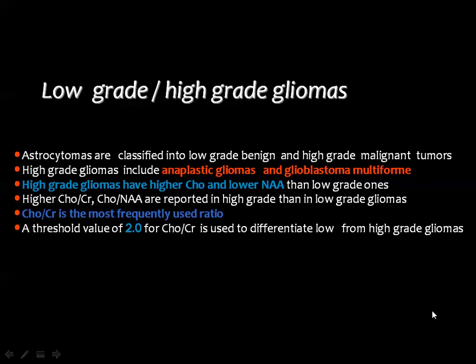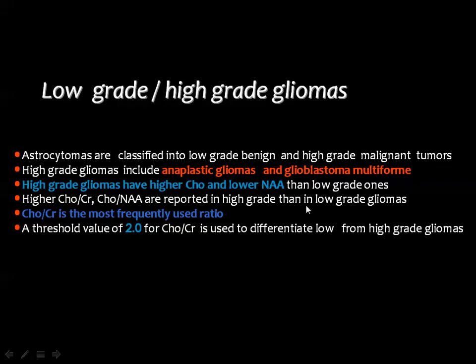Then the discrimination between low and high grade gliomas is usually debatable. And you remember from my lectures about the imaging of the brain tumors that the gliomas are divided into the low grade and high grade, and included in the high grade the anaplastic astrocytoma and the glioblastoma multiforme.